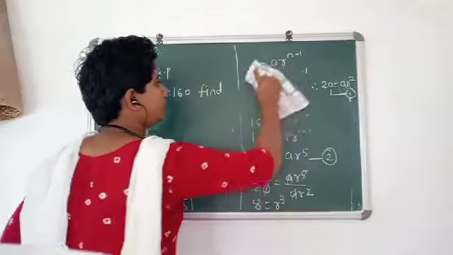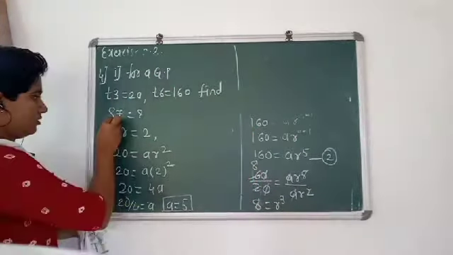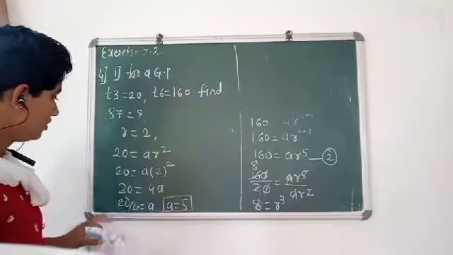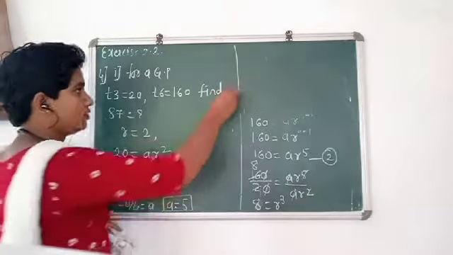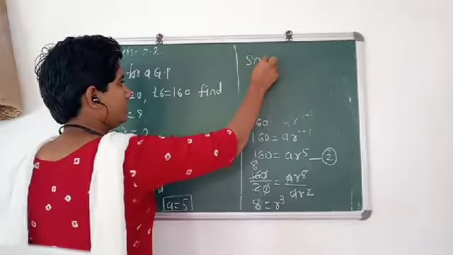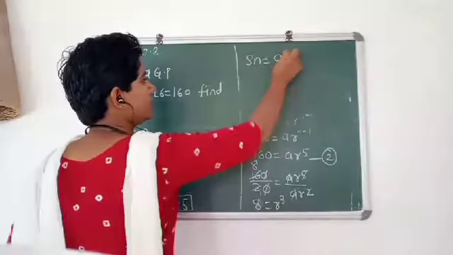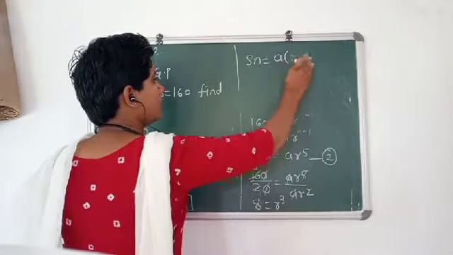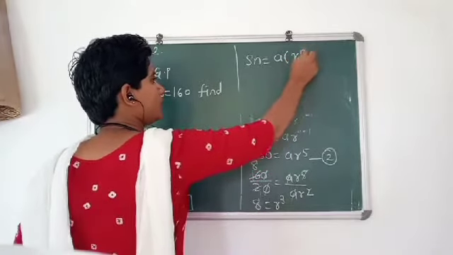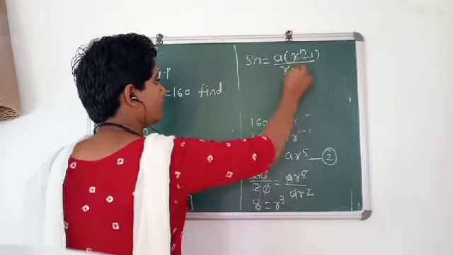So to find the 7th term sum of geometric progression, we use the formula, since r is greater than 1, Sn is equal to a inside the bracket r raised to n minus 1 upon r minus 1.